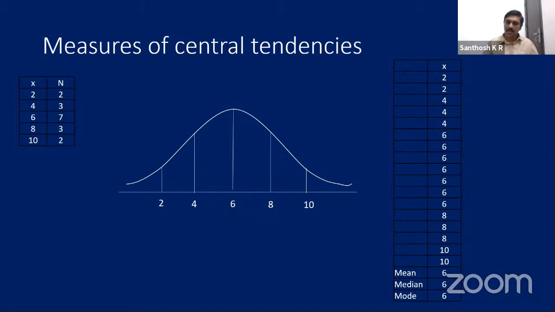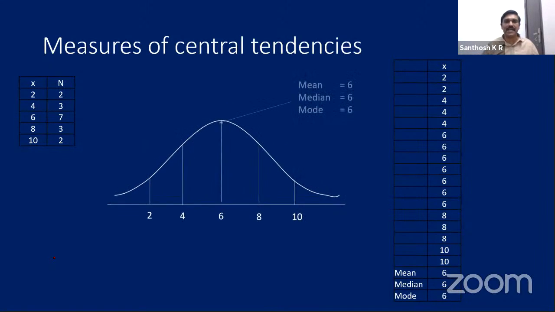And as we can see now, there are only 2 at 2, only 2 at 10, and at 6 we have 7, so it comes in the middle, and mean, median, and mode come in the middle. We understood the midpoint of the data is 6. Likewise, it floats towards both sides. This is what has happened in this figure.